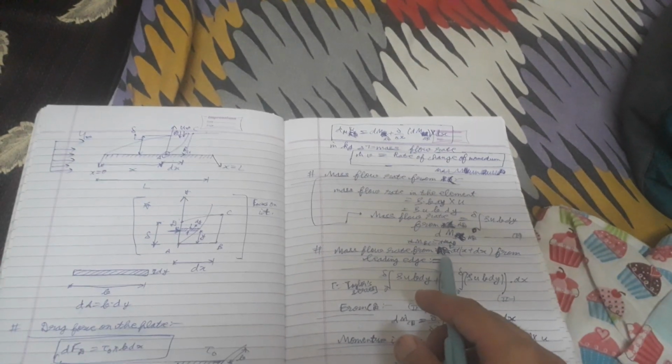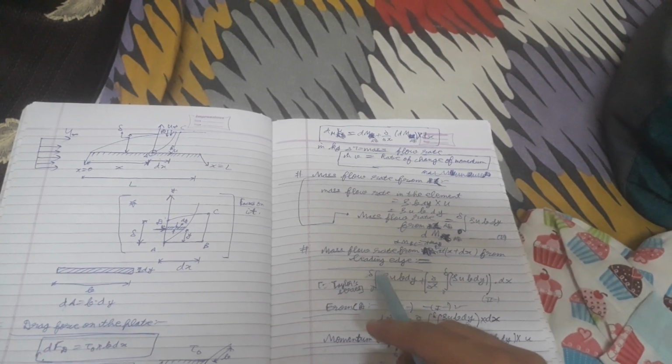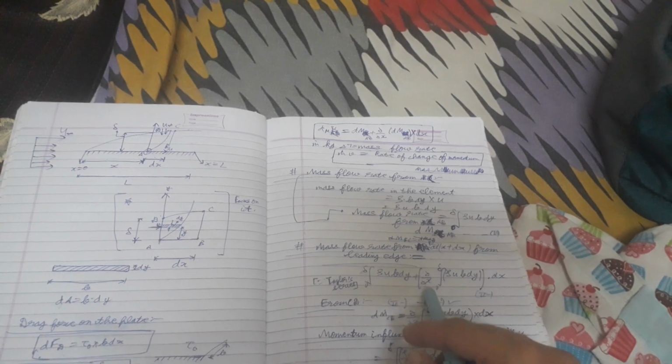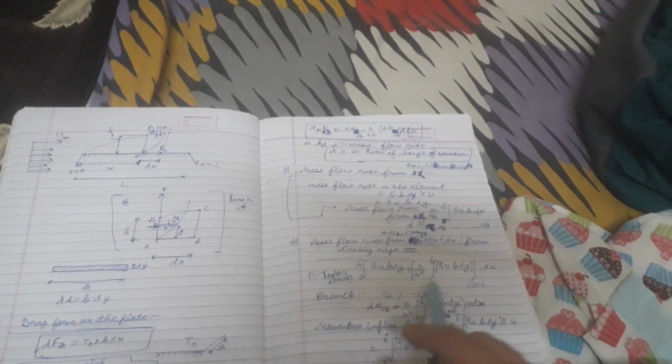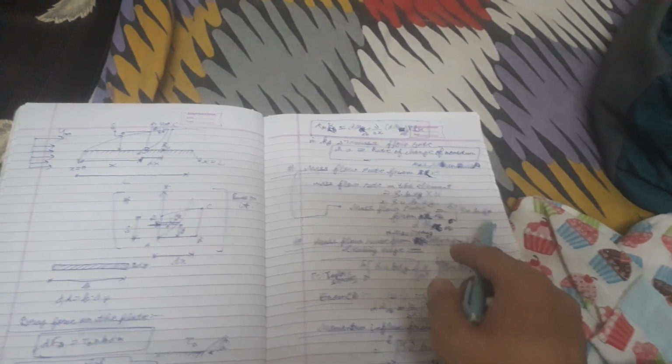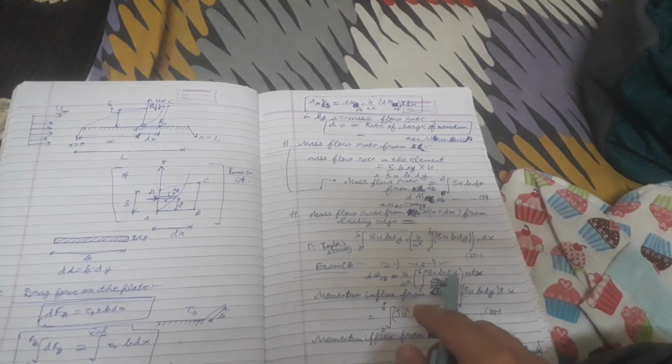The mass flow rate from BC, at x plus dx from the leading edge, by Taylor series, is the integration from 0 to delta of rho u b dy plus del by del x of the integration from 0 to delta of rho u b dy into dx. Second, dm CD dot is equal to del by del x of the integration from 0 to delta of rho u b dy into dx.